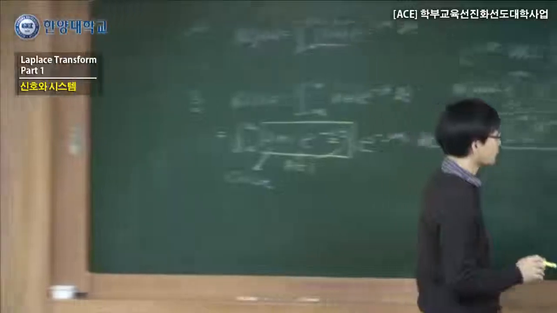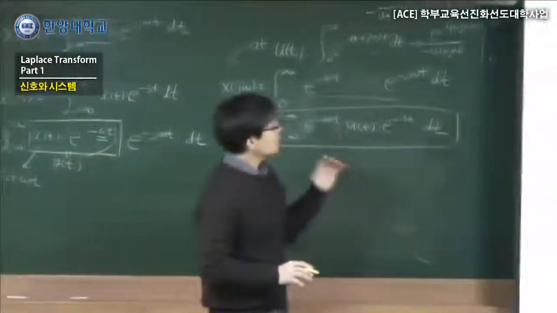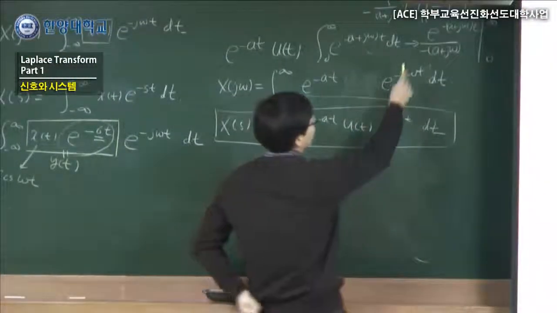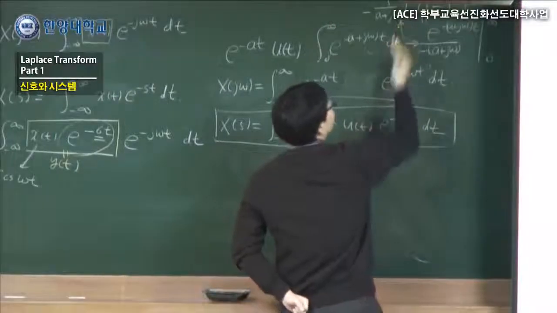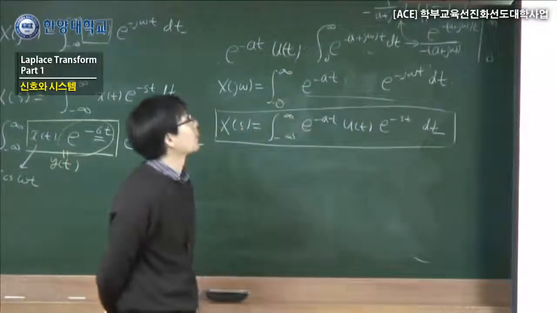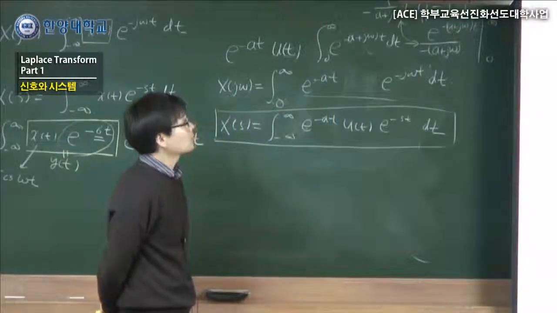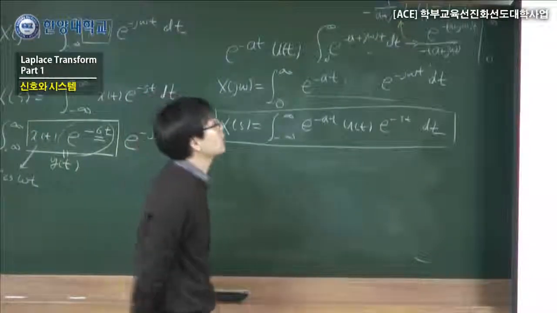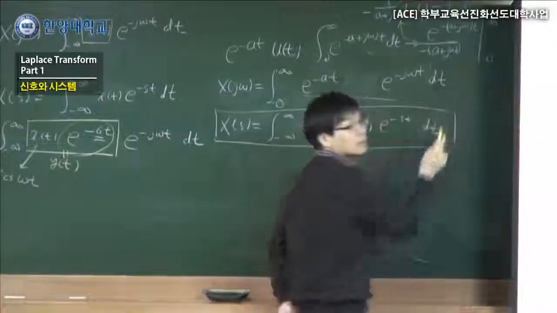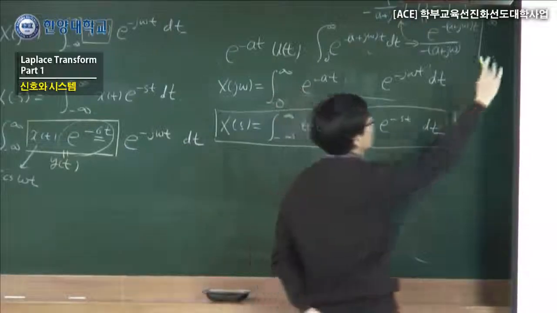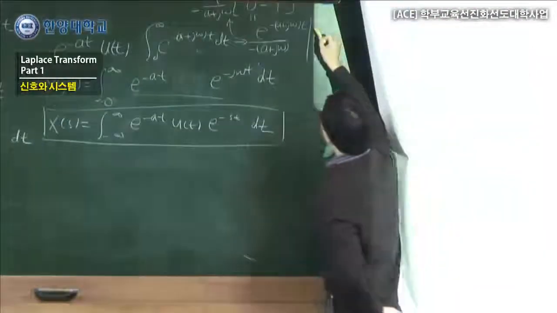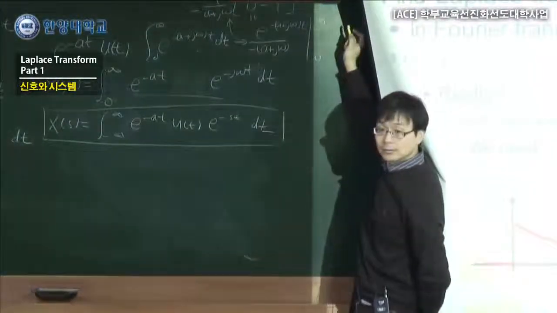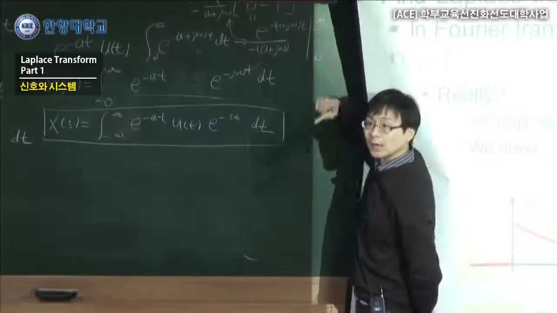Because let's look at this part from here to here. You have an assumption that if you put infinity over here, can you see this hiding over here?